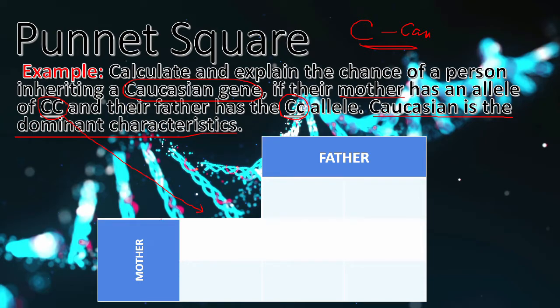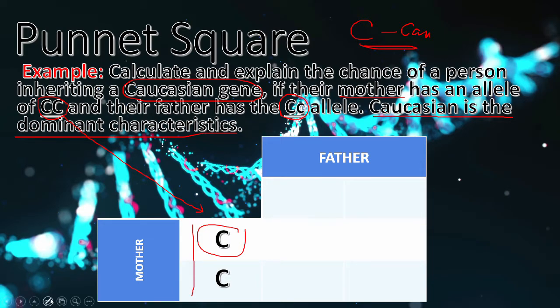So we need to put this value CC in this column. So capital C first, you only need to put one letter for each box that we have here. The next one would be the other capital letter. Okay, so that's for our mother.